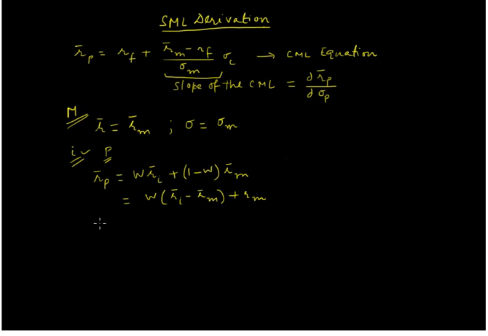If we want to write the risk of this portfolio, the standard deviation of the portfolio would be simply the square root of the variance. Well, what would be the variance then?